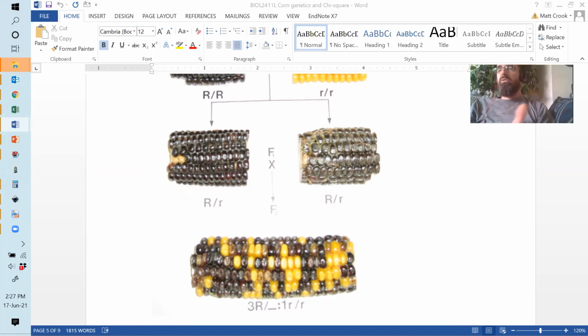Yeah. So just to continue the process along, the expected value for yellow is 300 times 0.25, or a quarter.